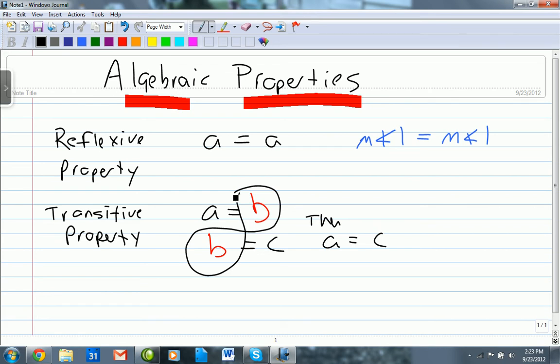So if A equals B and that same B equals C, then A equals C.